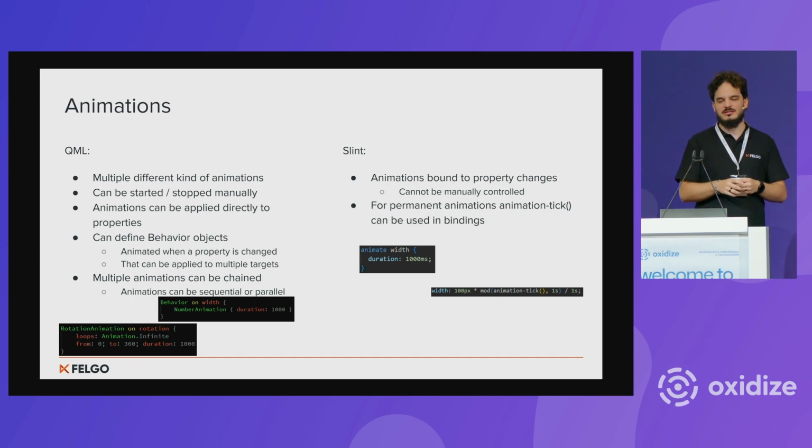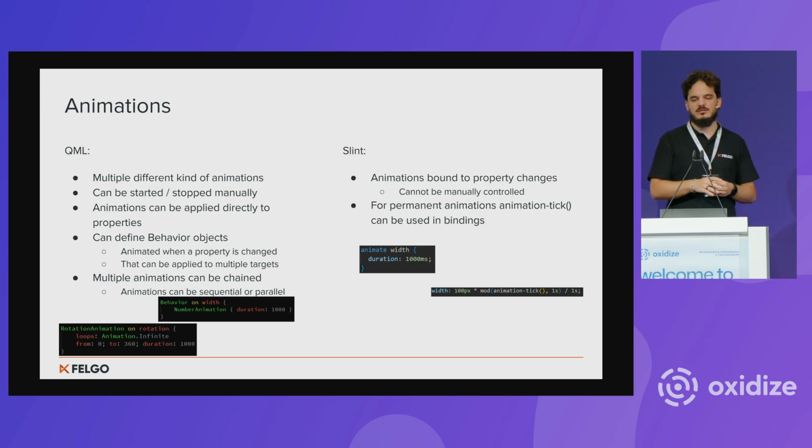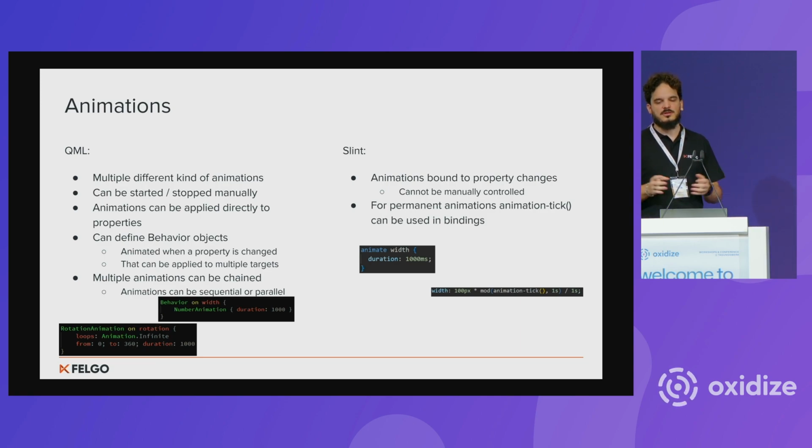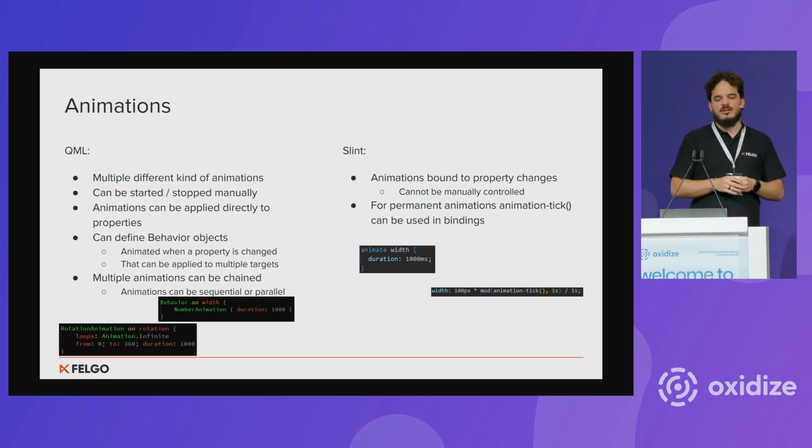This is the same in Slint, because you animate, let's say, with a property, and the animations will be run when this property changes.